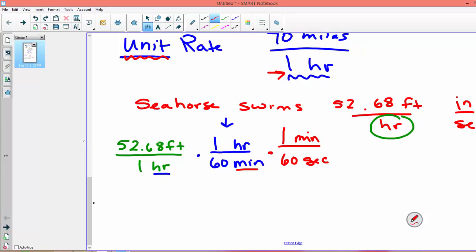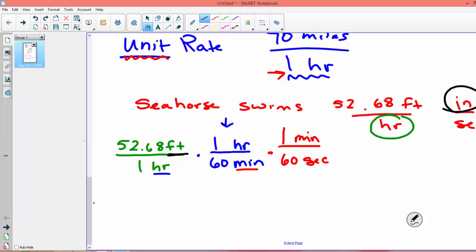So to get from hours to seconds, we're going to be dividing by 60 times 60, which is 3,600. It also asks to get to inches, and we're at feet. And the feet word is on top.